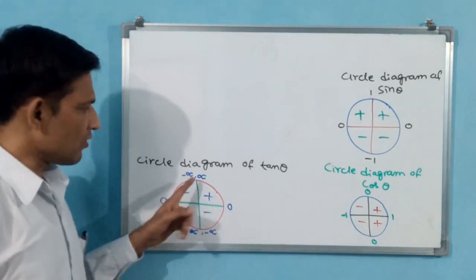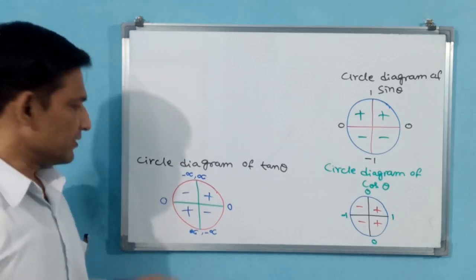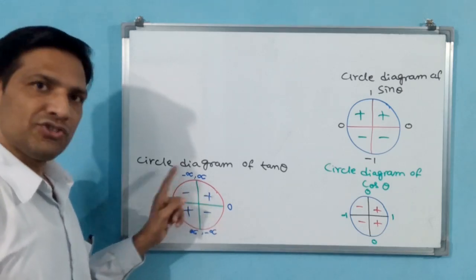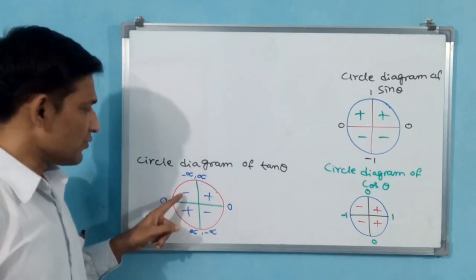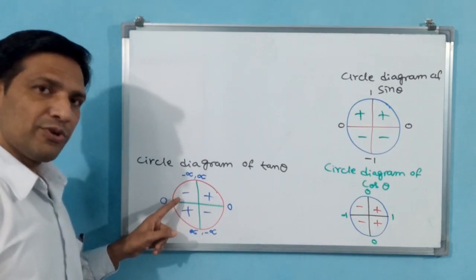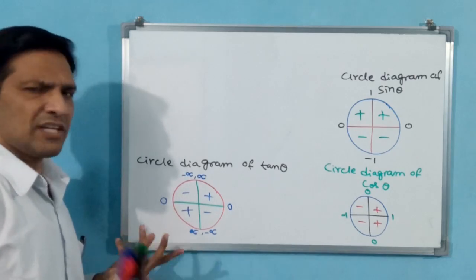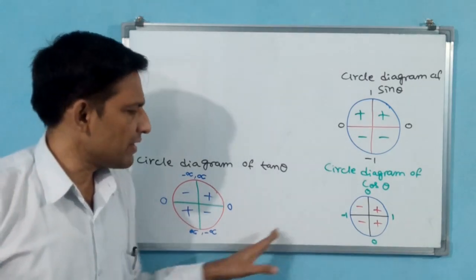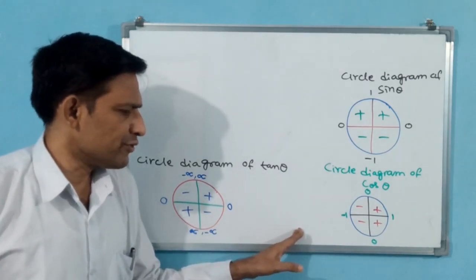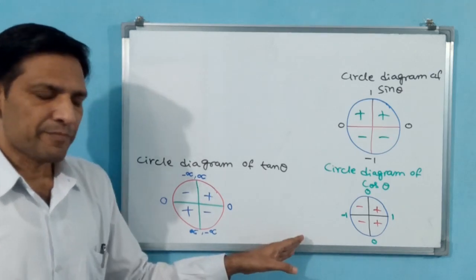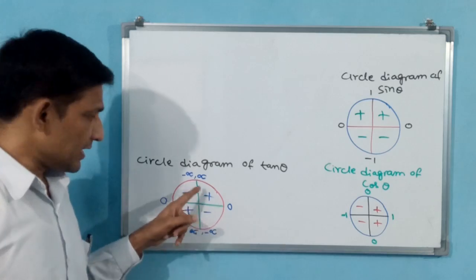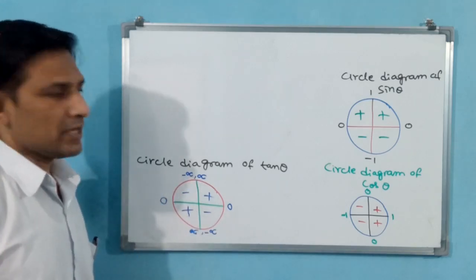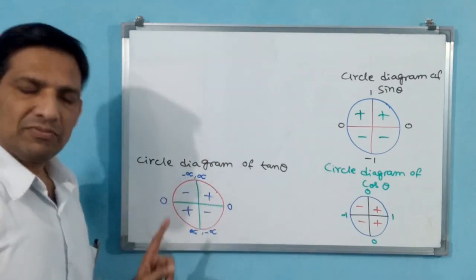Positive to negative is changing continuously, meaning 0 will be there. 0 is a real number we know, but what about infinity? On the infinity side, like this only you have to take. This is the circle diagram of tan theta.